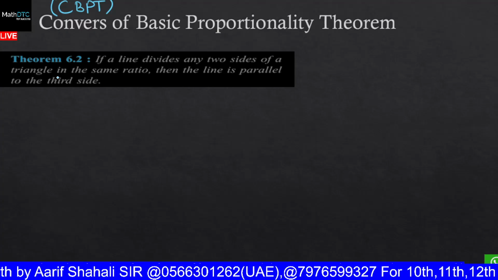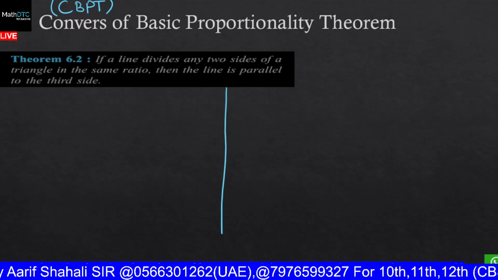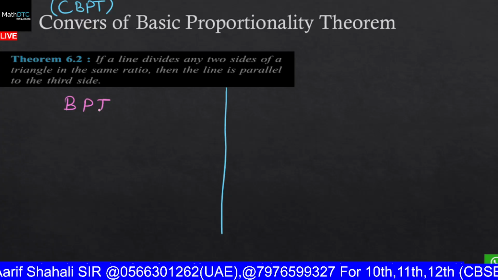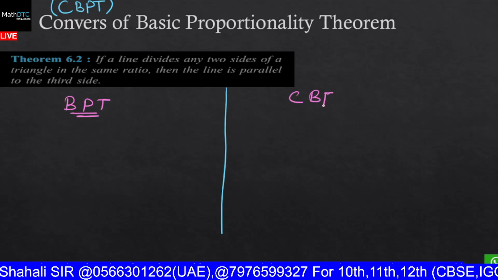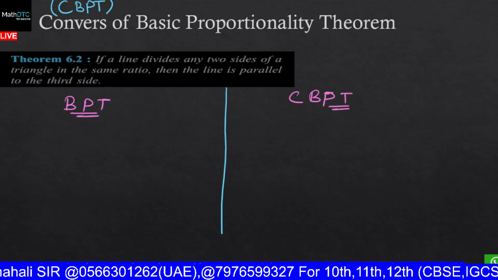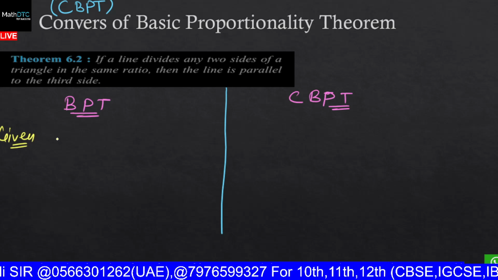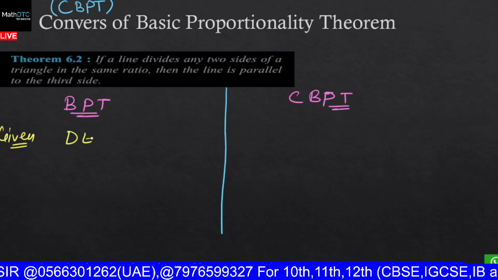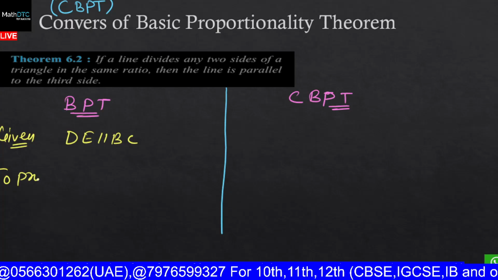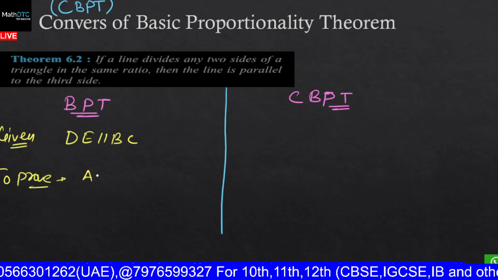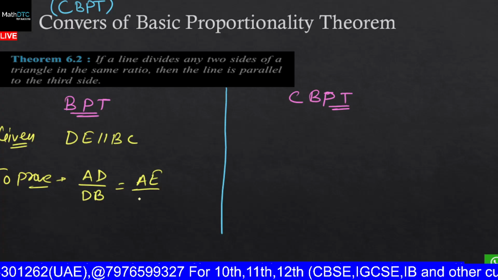I just want to show the difference between BPT and converse of BPT. In BPT, given that DE is parallel to BC, we need to prove, keep in mind it's very important, AD upon DB is equal to AE upon EC.